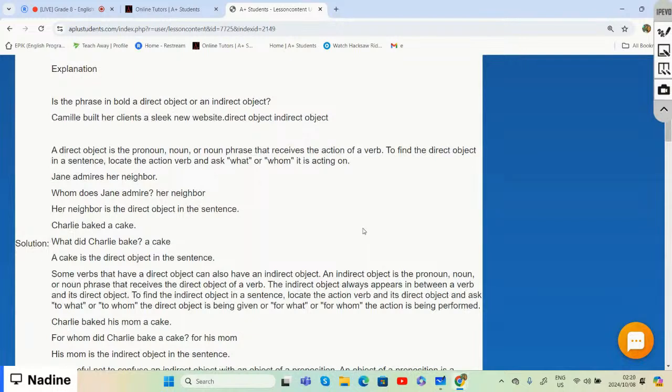In order to locate the direct object within a sentence, we need to find the action verb, and ask ourselves what or whom it is acting on.